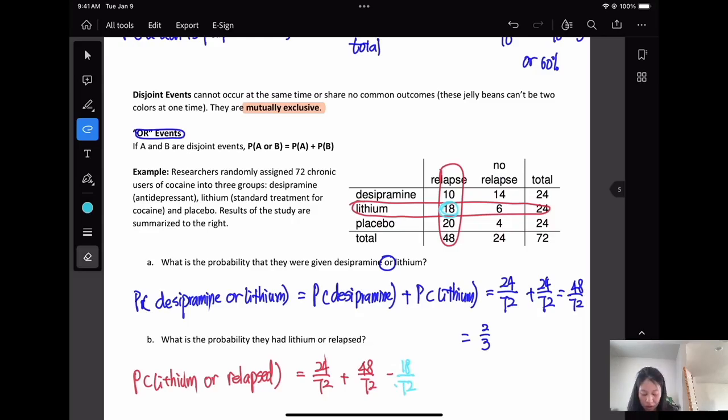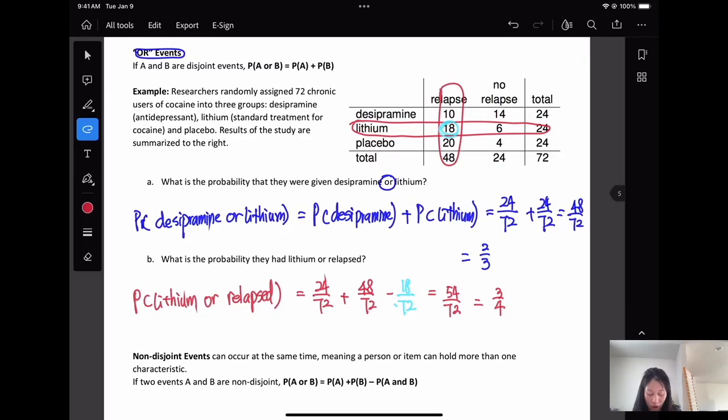So the probability that people took lithium or relapsed is 54 out of 72. When you simplify, you get 3 over 4.